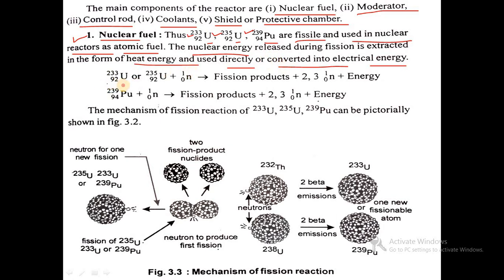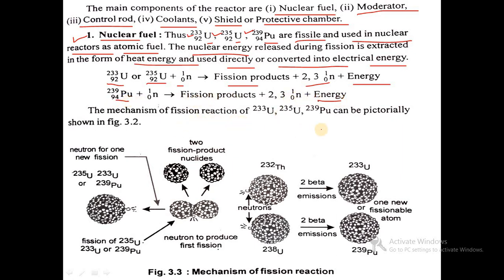When uranium 233 or 235 is bombarded with neutrons, we get fission products with 2 to 3 neutrons and a tremendous amount of energy. Similarly, when neutrons bombard plutonium, we get energy.